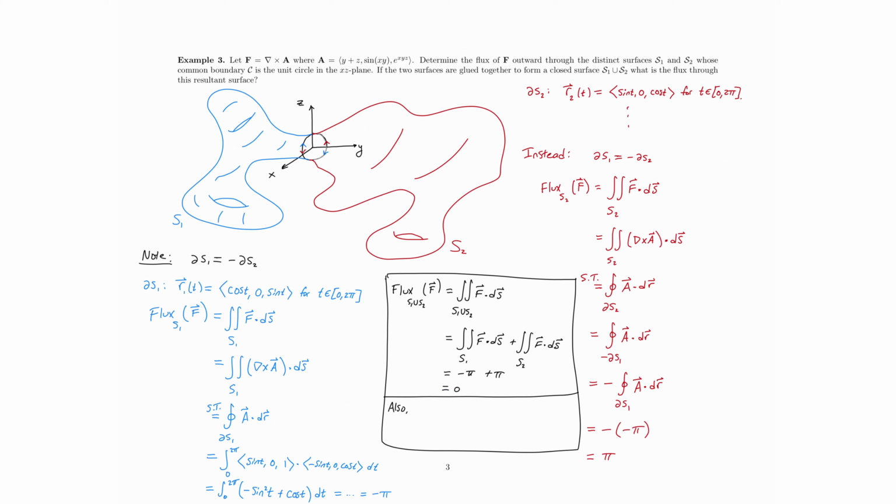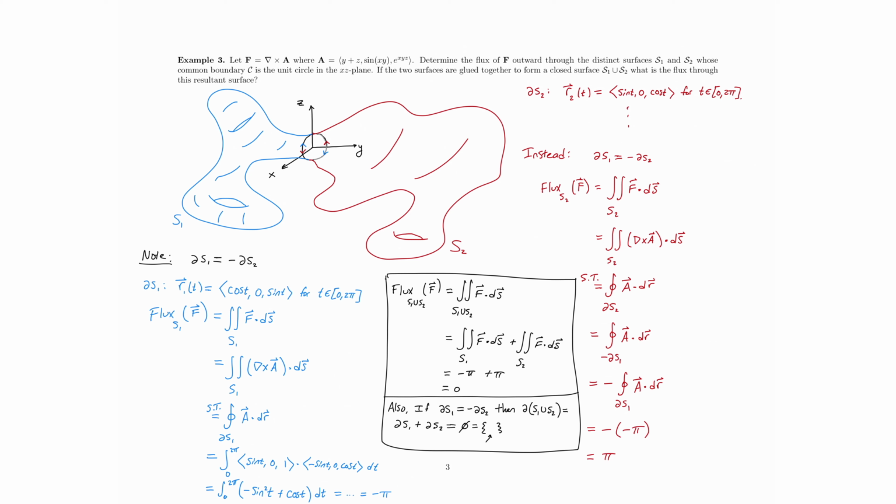Also, another way is that if del S1 is equal to negative del S2, then the boundary of the boundary of S1 union S2 is equal to the boundary of S1 plus the boundary of S2, which is equal to the null set, the set consisting of nothing. It's the set that is empty, it has nothing in it.